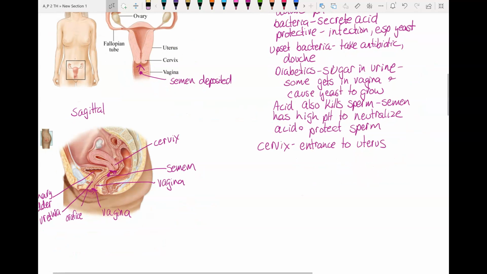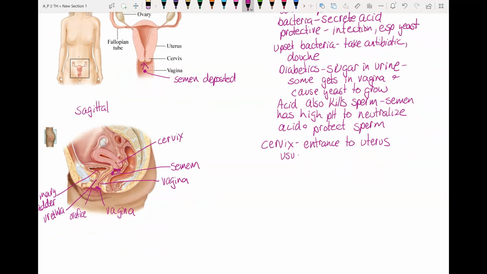Normally the cervix is closed. It will open on the day the woman ovulates. So ovulation is the day that the woman's ovaries release an egg, and it will open then because it wants to let sperm get through to the egg.